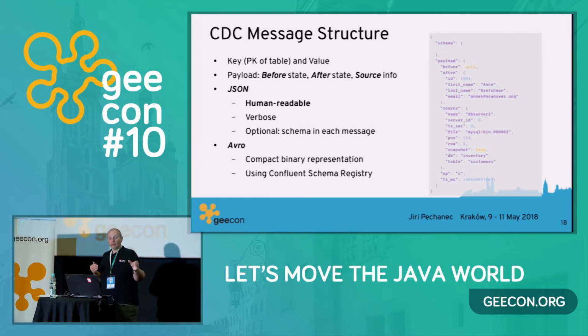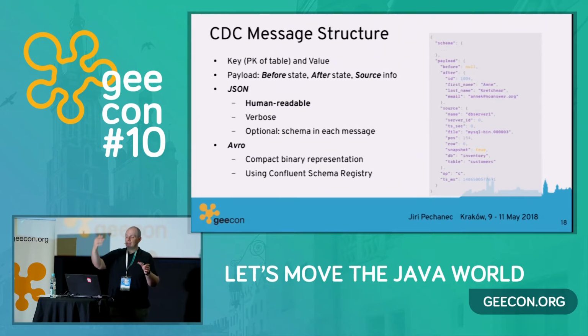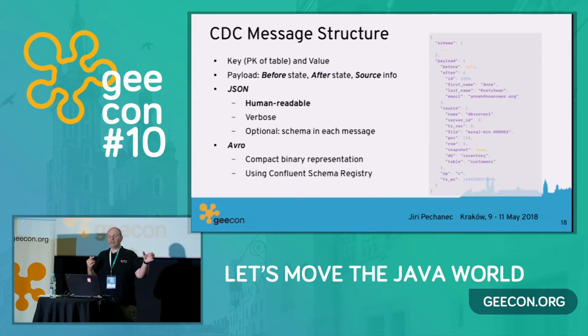If you are using Avro, you need to use the Confluent Schema Registry component, because every message in Avro format has an identifier of the schema stored in the schema registry. During deserialization, the identifier is taken, and the consumer queries the schema registry, receives the schema, and decodes the message.